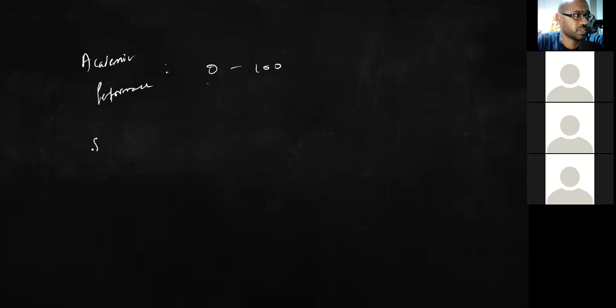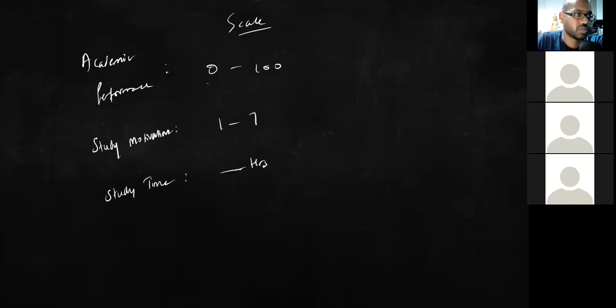For motivation, study motivation was measured on a 1 to 7 scale. And study time was in hours per week, the number of hours spent studying per week.